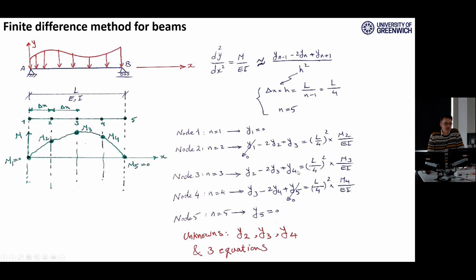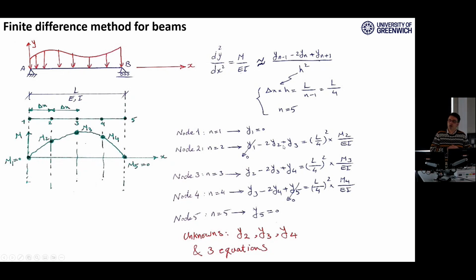I've got a new equation between y2, y3, and y4, right? Repeat it for node 4. You will get y3, y4, y5, again using M4. And at the last point, M5 is 0 and y5 is 0 because it's a support. At the end and beginning, y is 0. In between, you have these three equations.